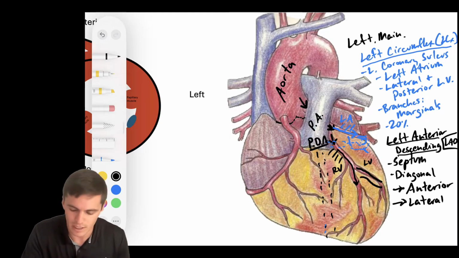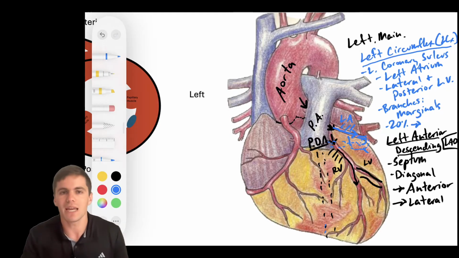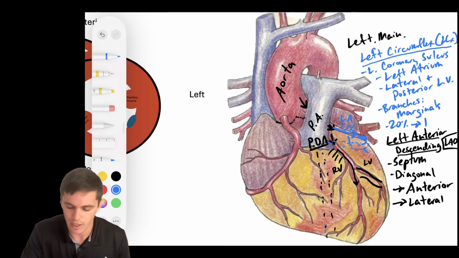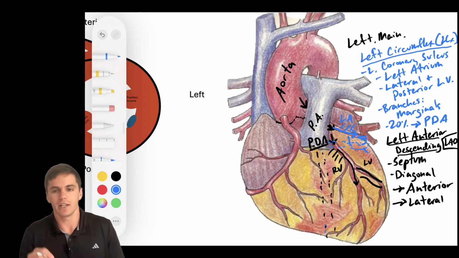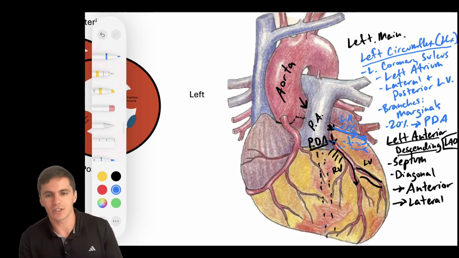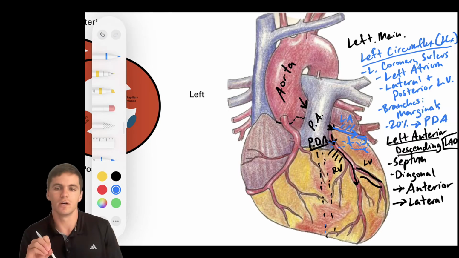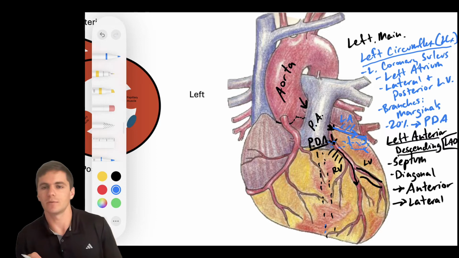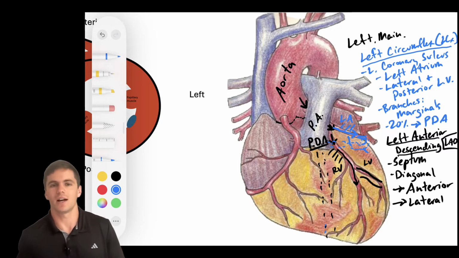So in 20% of the cases, we see that the left circumflex is the main supply to that posterior descending artery, right? And the 20% of people that have that connection between those two vessels are called left dominant, right? I'll explain the opposite, right dominant, in a second.